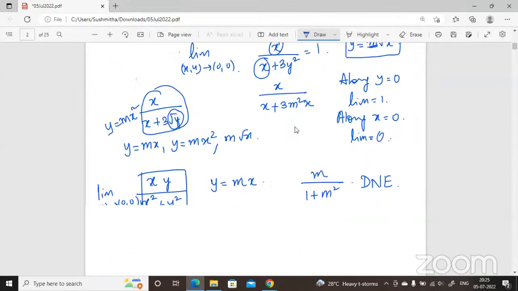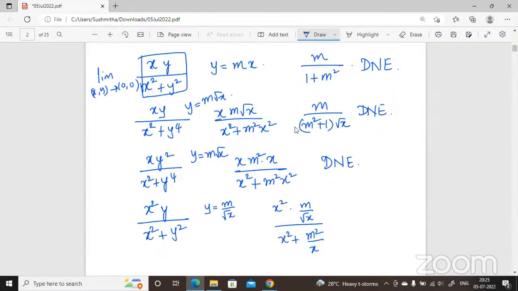I want to approach 0, 0. I can approach along a line, or along a quadratic curve, right? Or along a cubic curve. Such nice functions. Along a curve like this also I can approach, right?